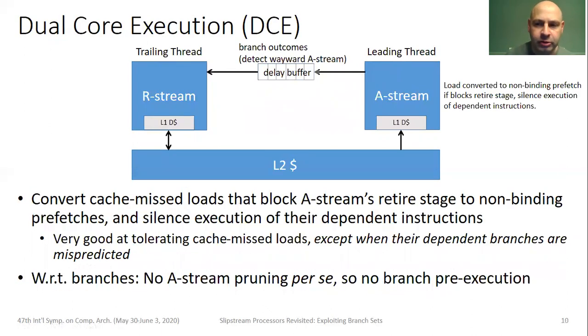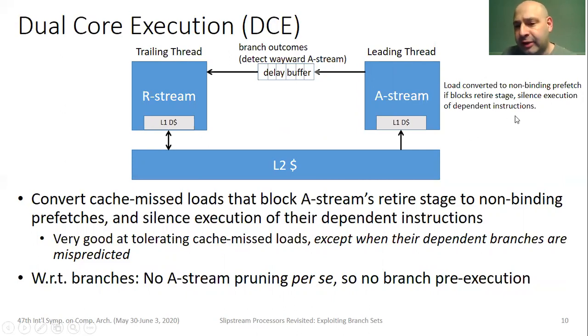Dual core execution actually addresses that deficiency in Slipstream by targeting loads explicitly. Now, in dual core execution, we do not prune instructions per se. All that we do is, when the A stream finds that there's a load that is blocking the retire stage for too many cycles, it gives up on the load and converts the load into a non-binding prefetch instruction.